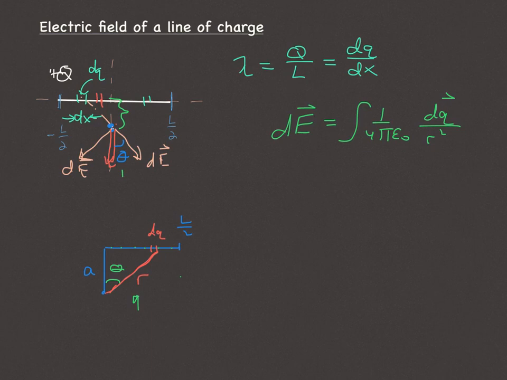The first constant we have is the charge density. So we can see up here, if we solve that for dq, we can substitute that into this equation right here.